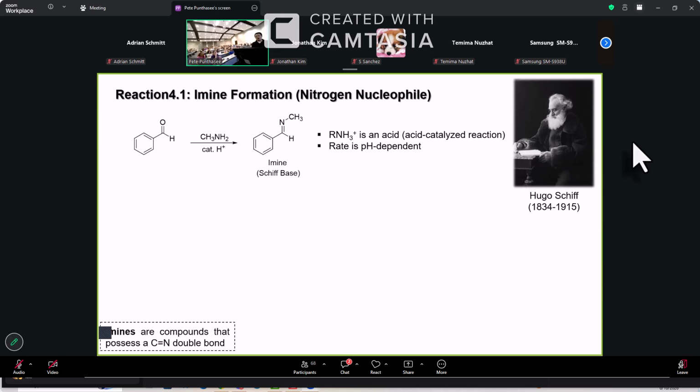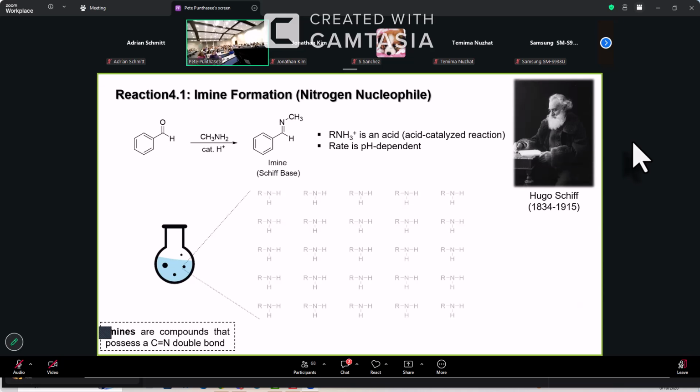Let's see what we add. Instead of alcohol, we add primary amine under acidic condition. Can you guess what's happening? There's a slight twist here. Imagine you have all this, not the product yet, and then you add a catalyst, let's say sulfuric acid.